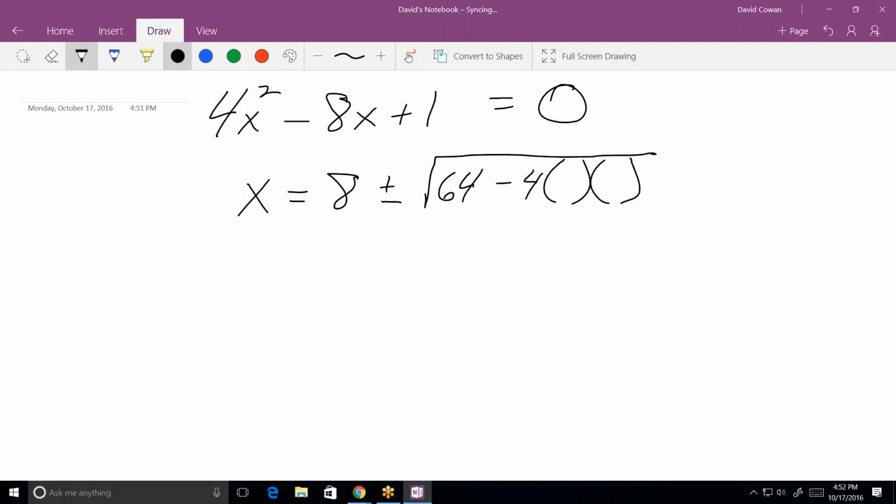That b squared is always going to be positive. Anytime you square any number, it's always going to be positive, whether it's negative or positive. And then over here, the 4 goes there, that's a, and 1 goes there. And then we have 8 in the bottom. You with me? Simplify the top.